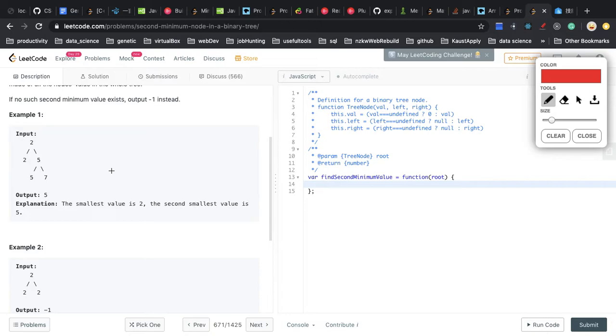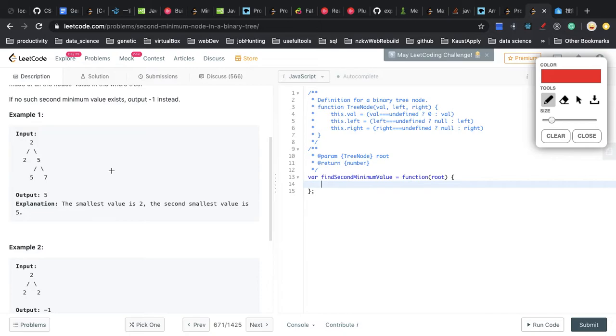Therefore, if a node has a value which is the same as the smallest value, we can say this node is not the node we want, because we want the second minimum value.